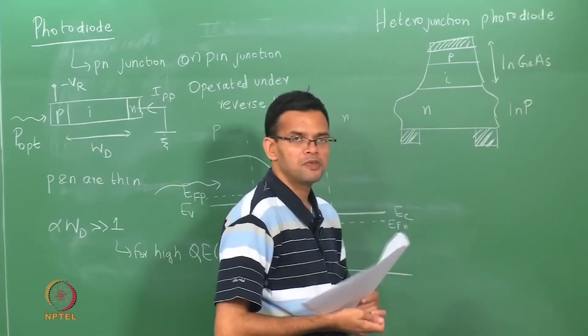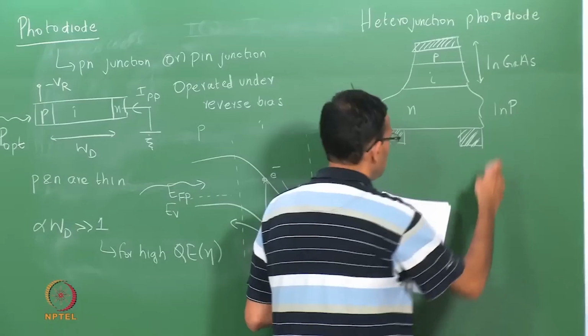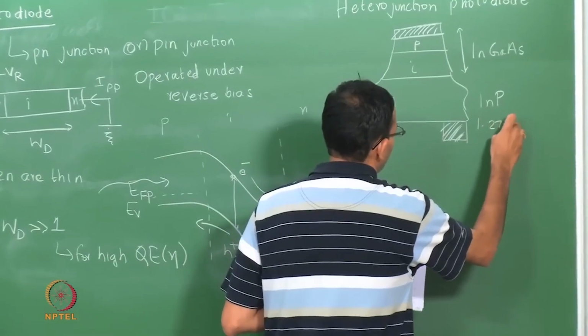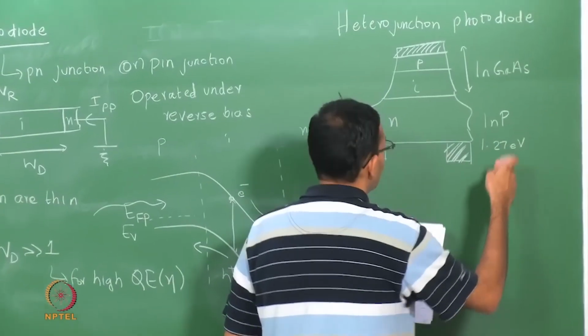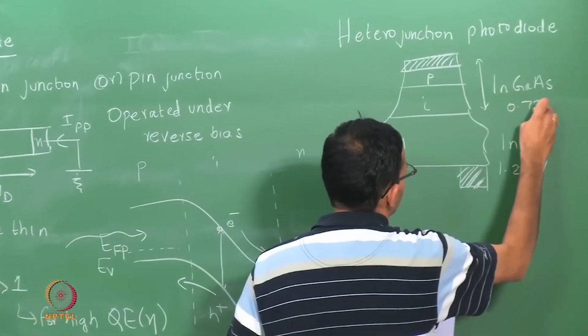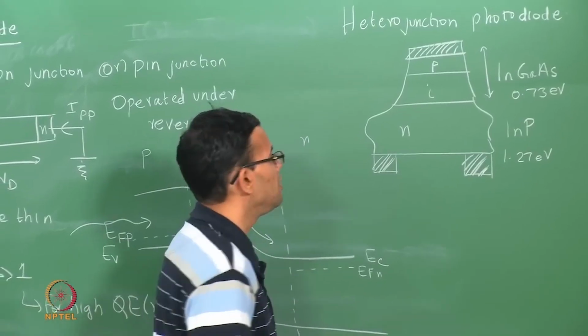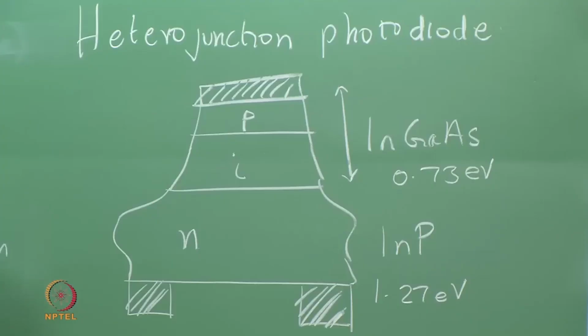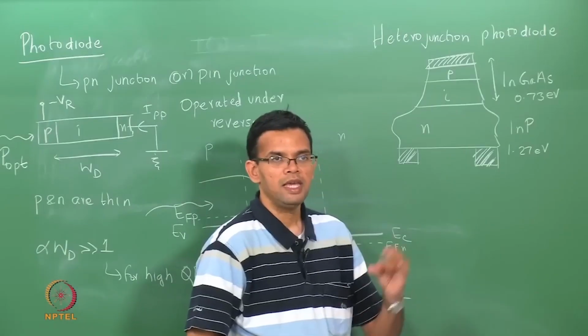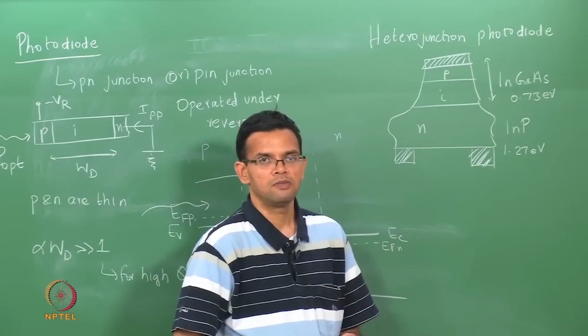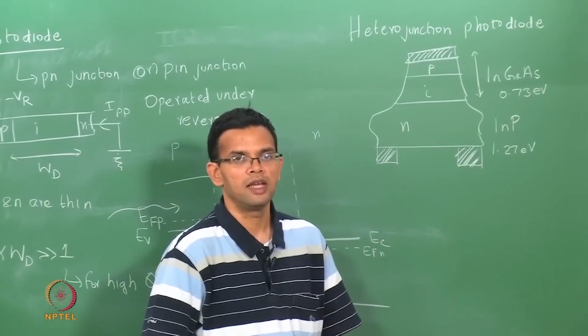So, indium phosphide has a higher band gap, 1.27 eV, and indium gallium arsenide has a band gap of 0.73 eV. The advantage of the heterojunction device is that in the case of a regular PIN, the P and the N regions should be really short in order to not absorb the light.